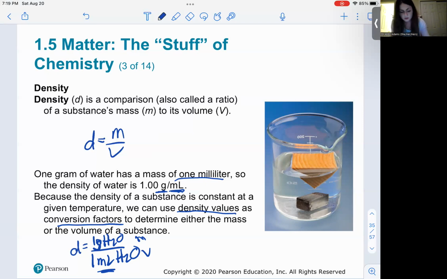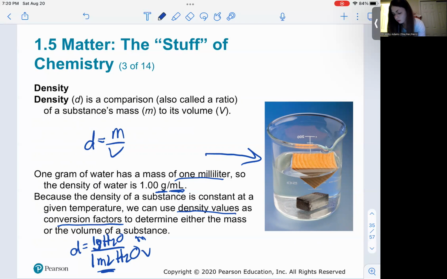All right. So in this example right here, speaking of density, with water, you can really easily tell whether something is more or less dense by this simple experiment, whether or not something floats or sinks relative to water. So you have this beaker of water here, and you have this piece of wood.